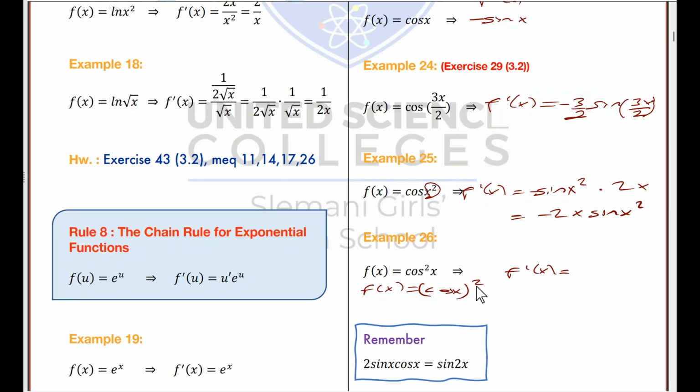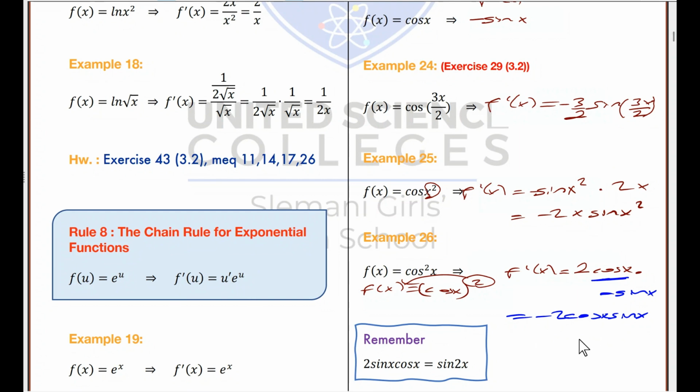According to the power rule, we'll bring the power down in front of cosine x, multiplied by the derivative of the base. So what is the derivative of cosine in this case? It's negative sine x. So it becomes negative 2 cosine x sine x. That's an answer.